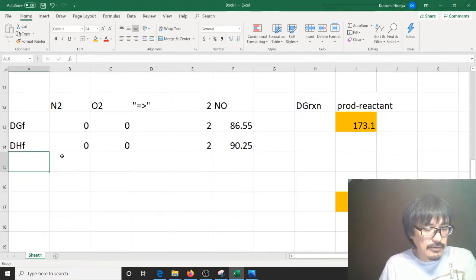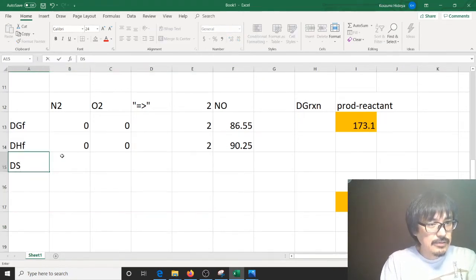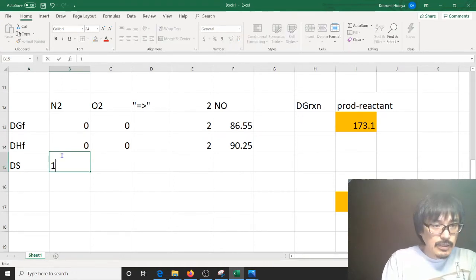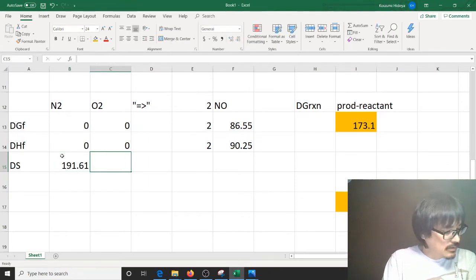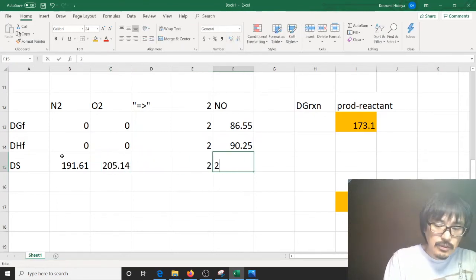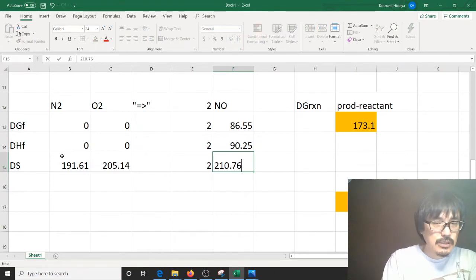And then the delta S, which is going to be 191.61, and then 205.15, and then I have 2 here, and then I have 210.76.